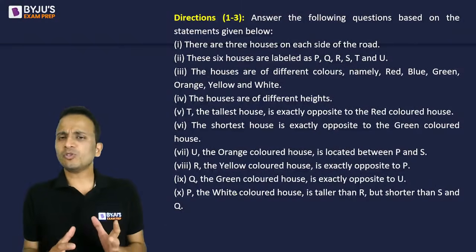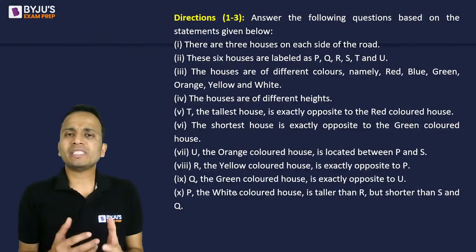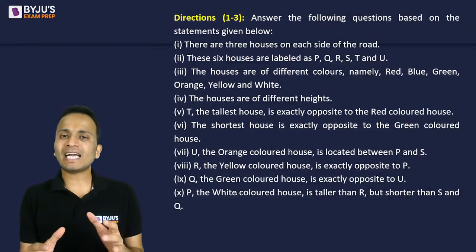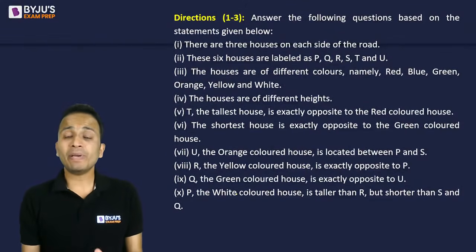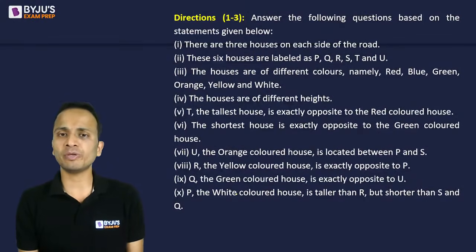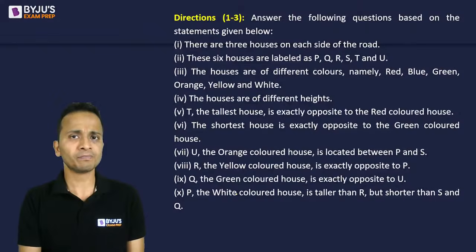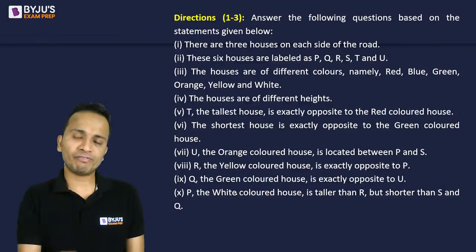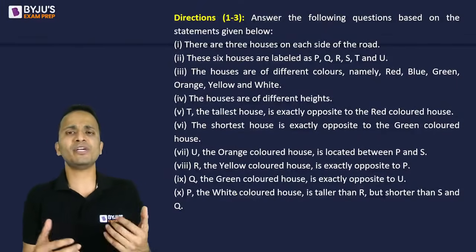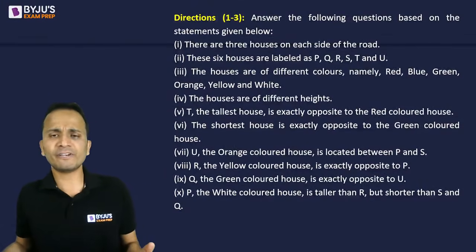Now, first of all, we must know how to proceed in these types of questions. One very important thing that you must keep in mind is there may not be a unique solution. There may not be a unique arrangement for these types of questions. So you must not be afraid of making different cases. There may be a unique case, there may be 2 different cases, there may be 3 different cases.